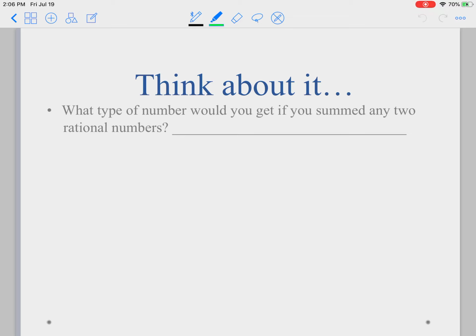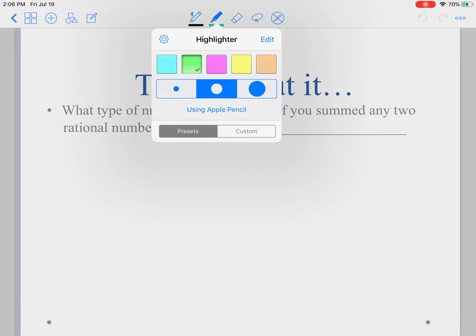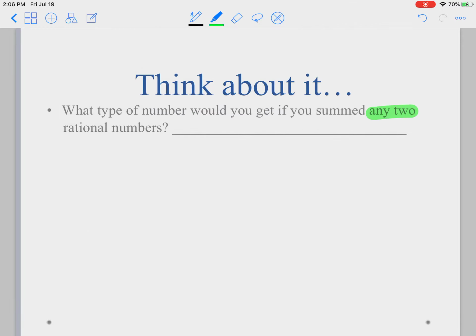So lastly, if we were to think about it, what type of number would you get if you summed any two rational numbers? Any two rational numbers. What type of number, what classification would this fall under?